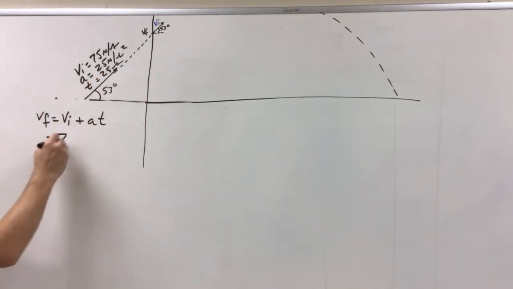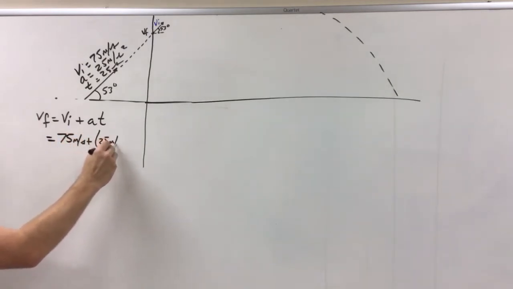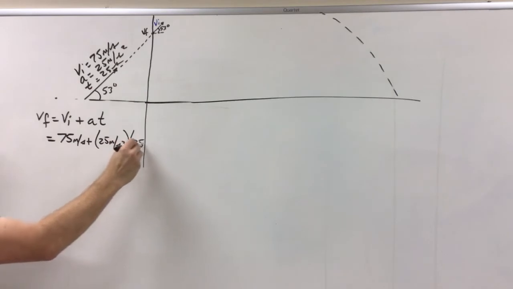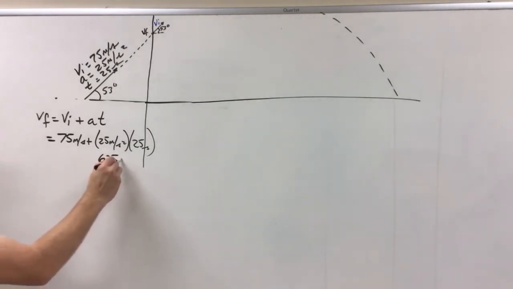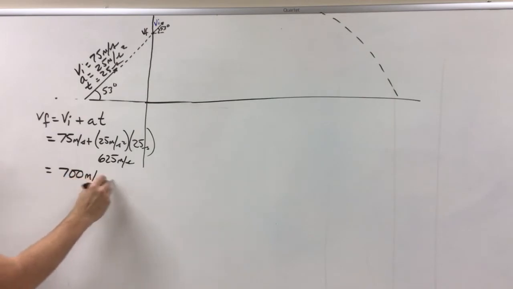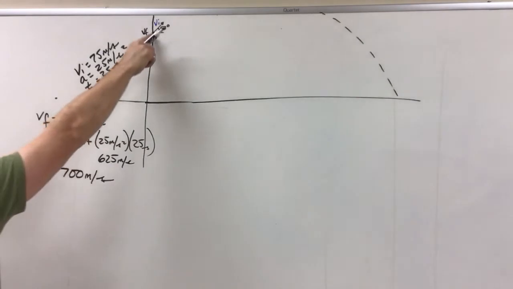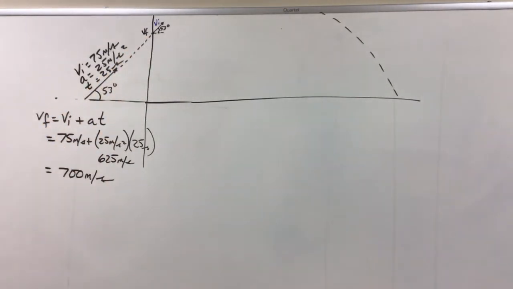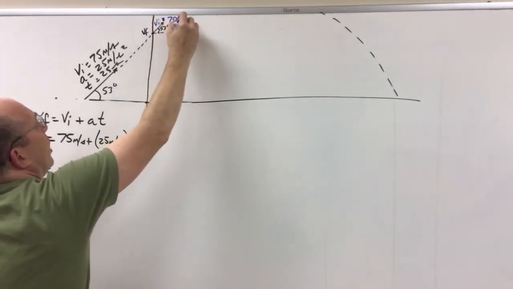It'll be the 75 meters per second plus 25 meters per second squared times 25 seconds. So this is 625 meters per second. Conveniently, it adds up to 700 meters per second. Excellent. So our final velocity at this point is equal to 700 meters per second, which becomes the initial velocity at that second interval.